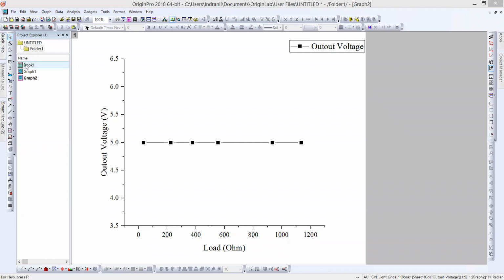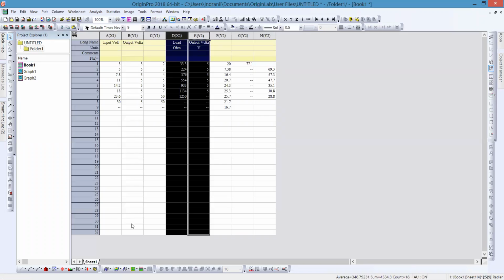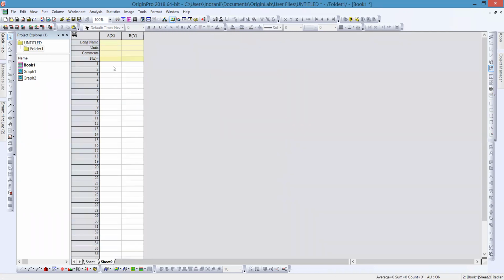Yes, please tell me the data. Sir, first of all, for reverse bias. First is 1 volt, 200 nanoampere. Okay.